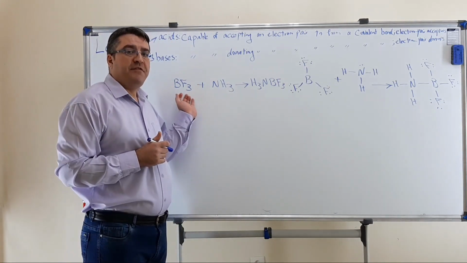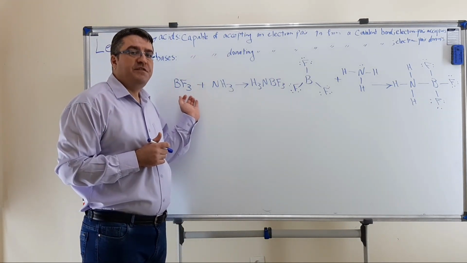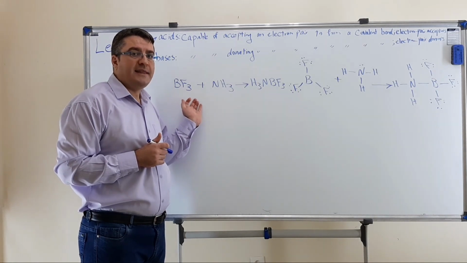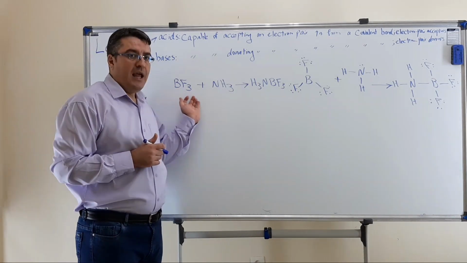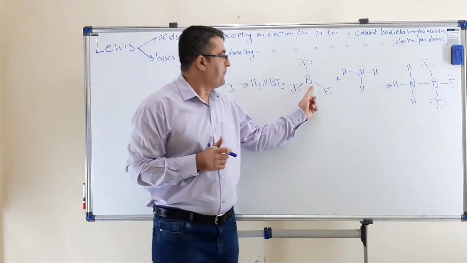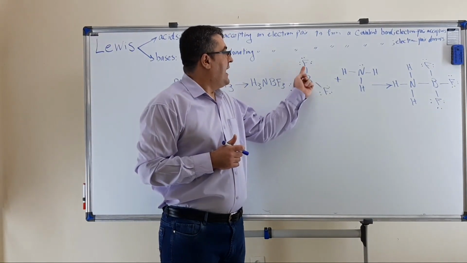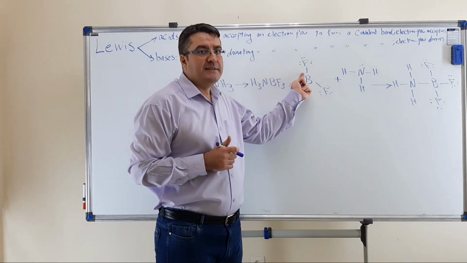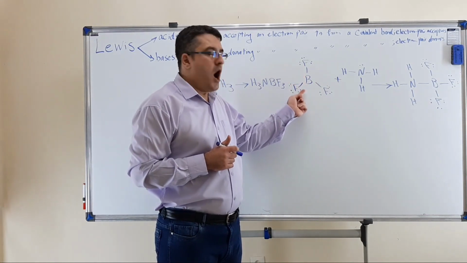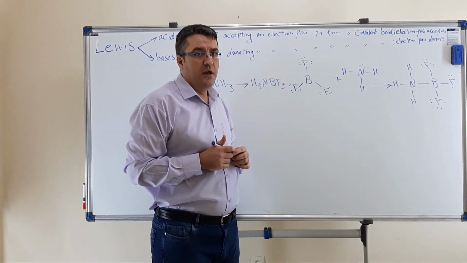Substances like BF3 with electron deficient atoms are good candidates as Lewis acids. In BF3, the boron atom has 6 valence electrons, which is less than the 8 valence electrons required to obey the octet rule.